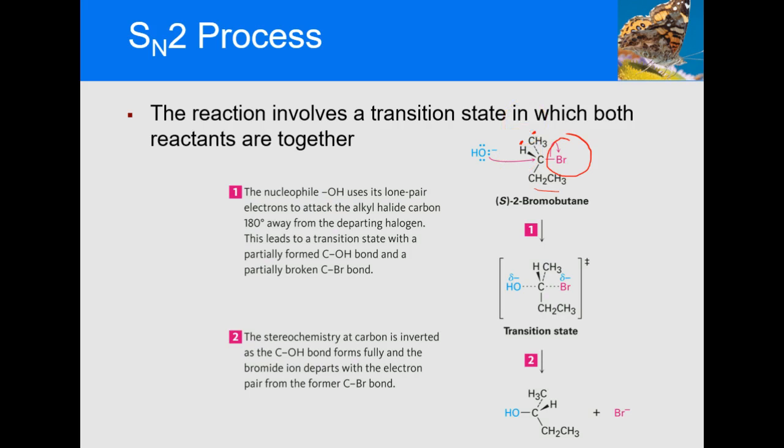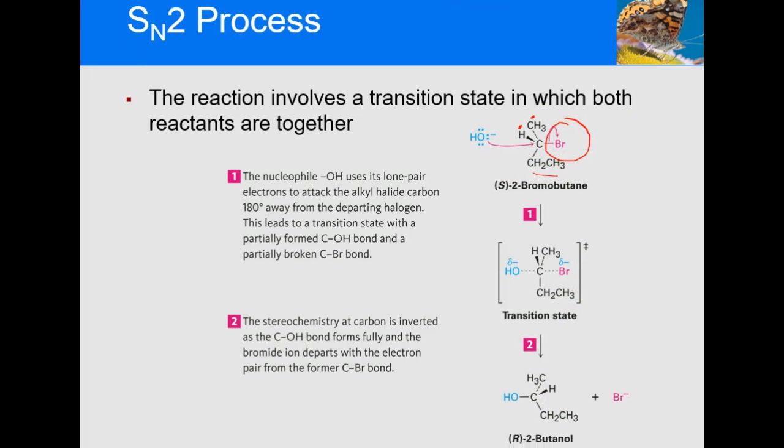It comes in and flips your umbrella inside out. That's kind of what's happening. As the OH is coming in, it flips these the other way, and your OH is now bonded on the other side. Now you can't see this. Let me actually drag the video. There you go. So you can see the name of it. Notice we're starting with the S enantiomer, and we are now ending with the R enantiomer. So we have inversion.